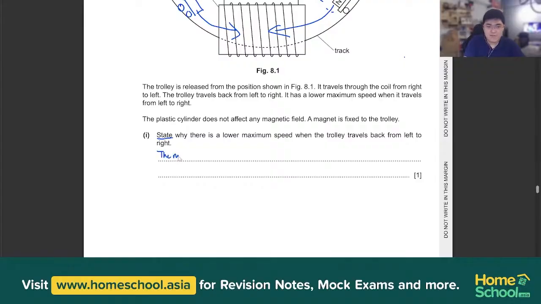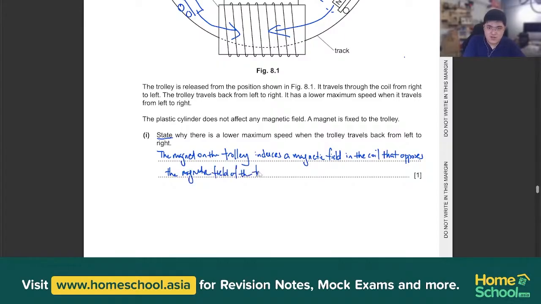The magnet on the trolley induces a magnetic field in the coil that opposes the magnetic field of the trolley.